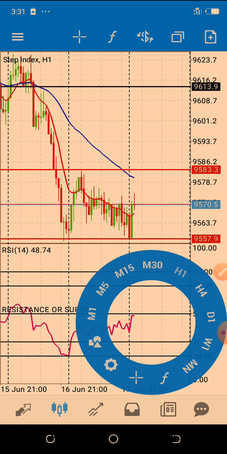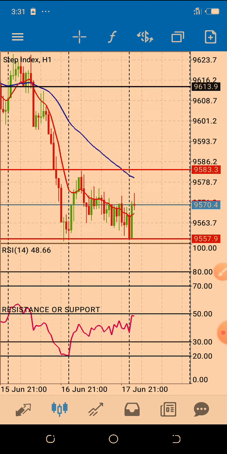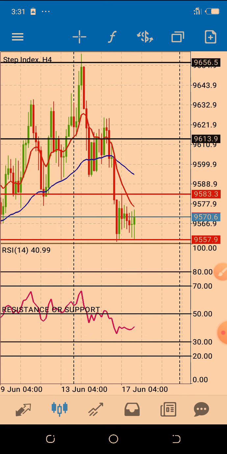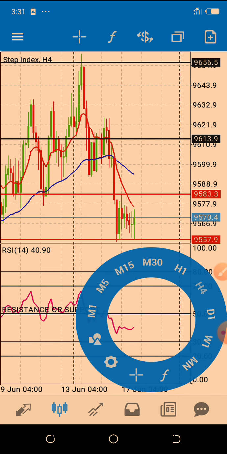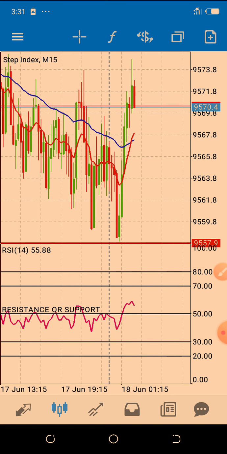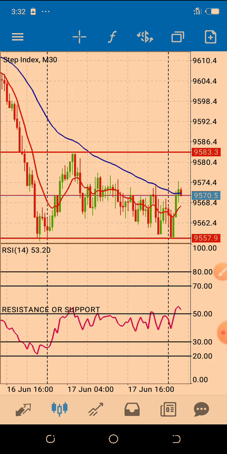You can even go over to your 1 hour and still do that, but to avoid those multiples, the 4 hour is always stronger than the 1 hour, and also it's a good place to build a trading case off of. So that is how we do it.